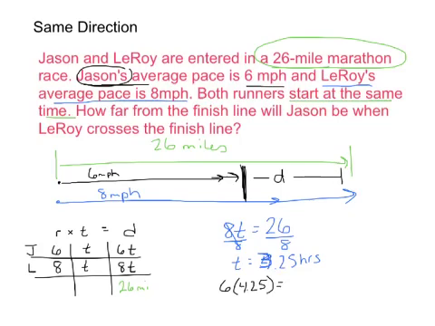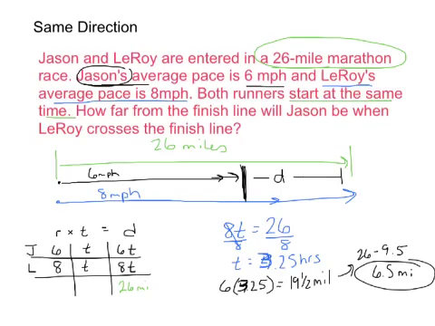So if I do Jason being 6 times 3.25, I get 19 and a half miles. So how far is he from the finish line? Well, if I do 26 minus 19.5, I'm left with 6.5 miles away from the finish line.